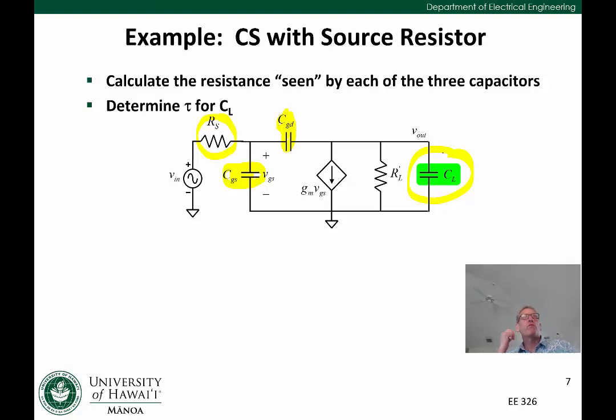So I'm going to redraw the circuit where I zero the sources and open the capacitors, and then I can get a sense of what that resistor is. Okay, so let's do that. We're going to short the voltage source. We get RS. We have an open for CGS and an open for CGD.